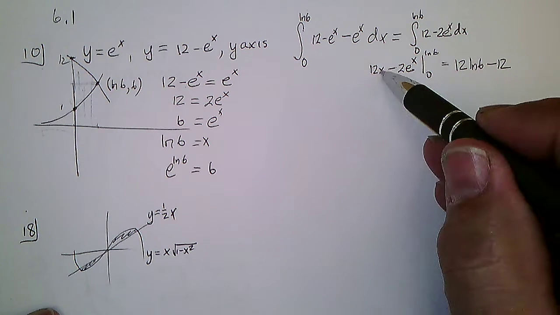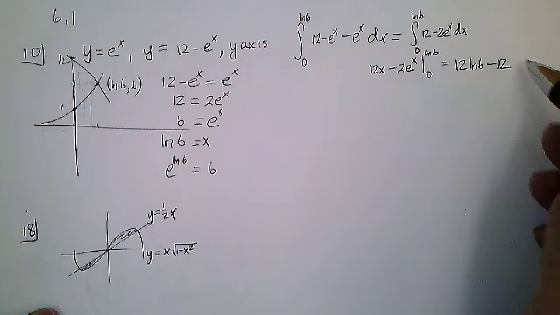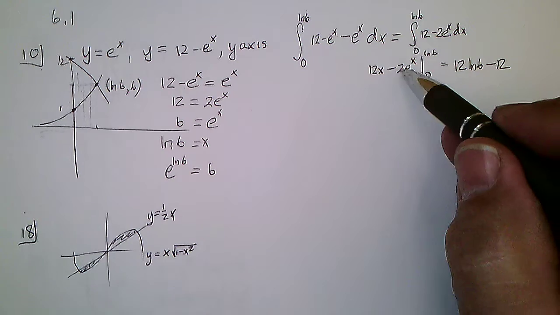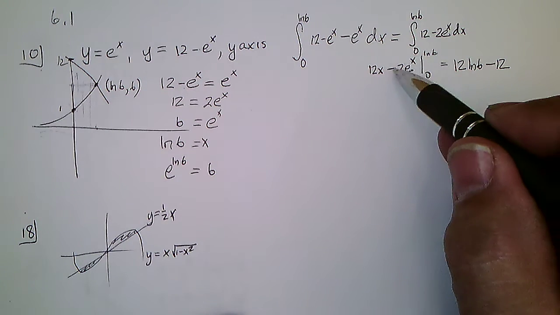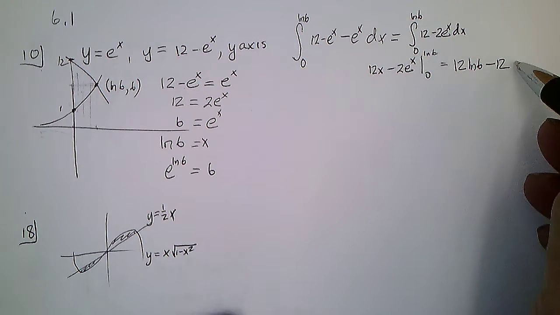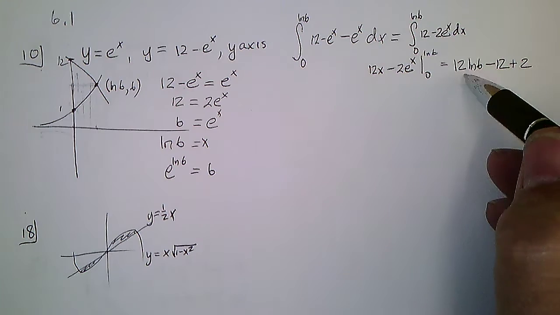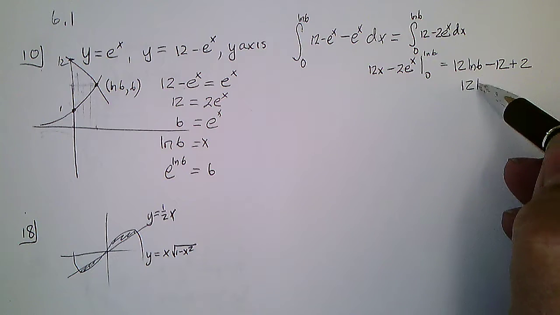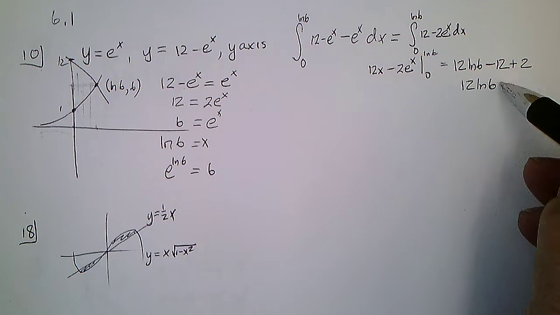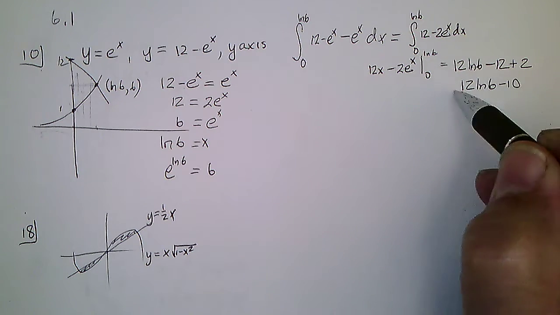I put in 0 and I get 0, put in 0 here and I get e to the 0 is 1 times negative 2 is negative 2, and I'm subtracting a negative 2, so it's plus 2, which would be 12 ln 6 minus 10.